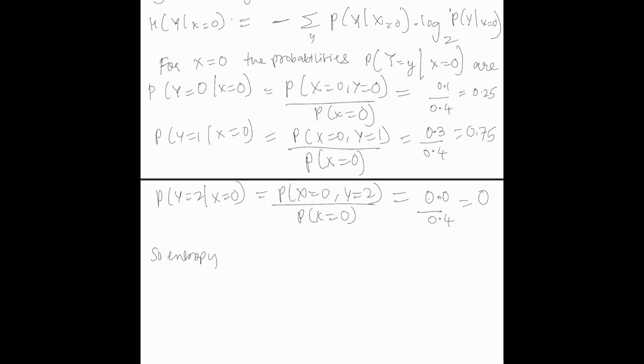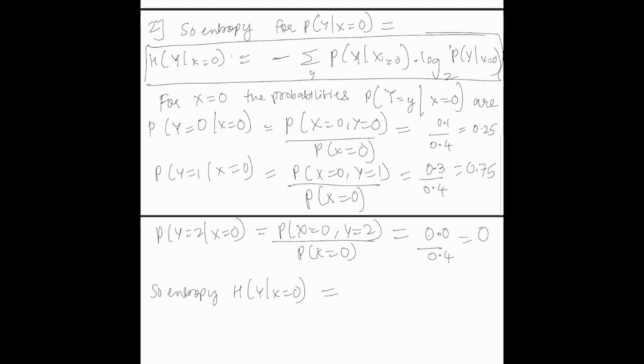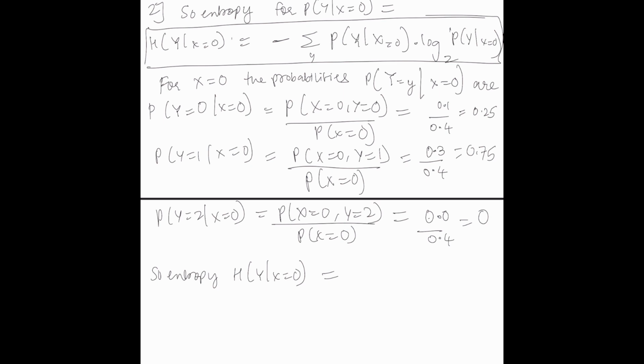So now the entropy, which is H of y given x is equal to 0, I'm going to open up this summation and substitute the corresponding values. This is nothing but minus 0.25 into log of 0.25 to the base 2 plus 0.75 into log of 0.75 to the base 2, which is equal to 0.811.